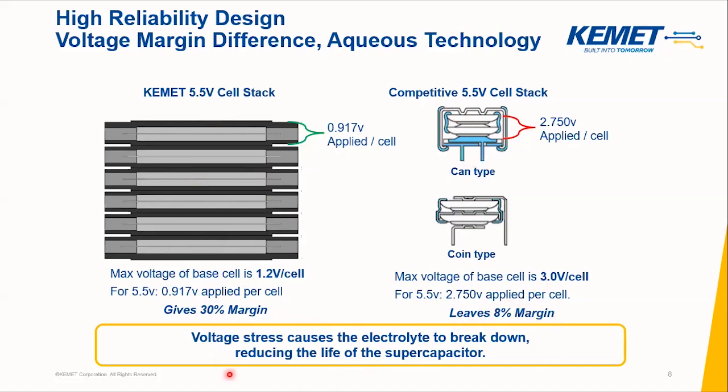When we have less voltage stress, we can avoid failure, since voltage stress causes the electrolyte to break down and reduces the life of the supercapacitors. With our higher voltage margin, we increase the life of the capacitor and reduce failures and the breakdown of the electrolyte.